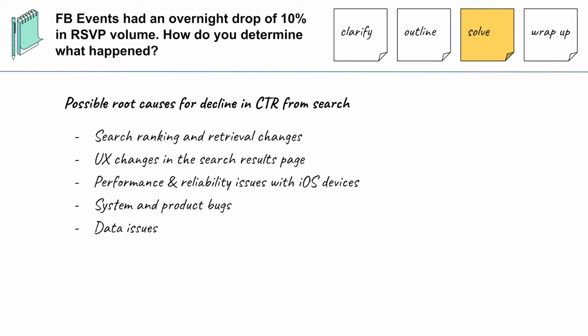So by using the process of elimination, we can probably rule out most of these issues and zero in on the actual root cause. Let's say we did that and it turns out that there was a change to the search UX that was shipped to the iOS devices and rolled out in North America. And we believe that's exactly what's causing the decline in RSVP volume.